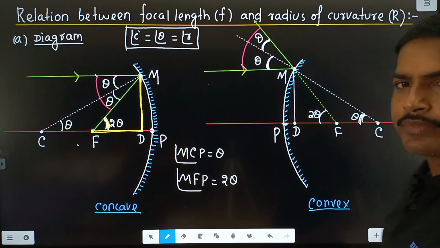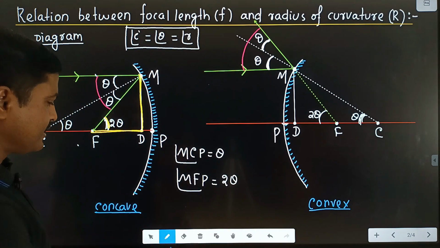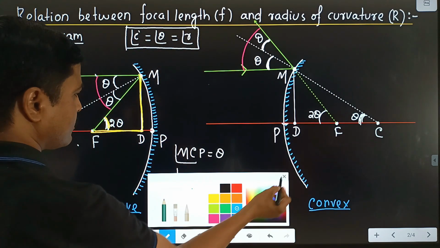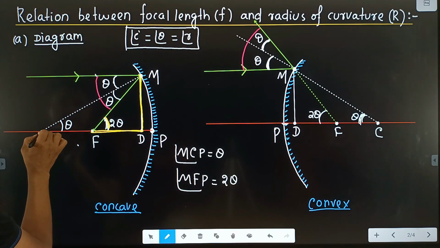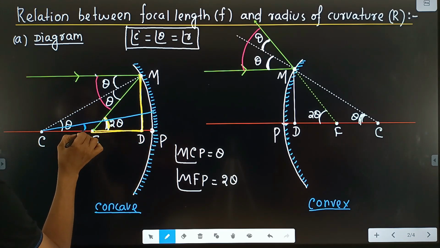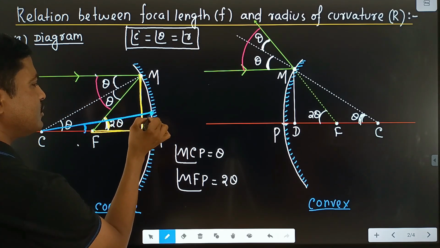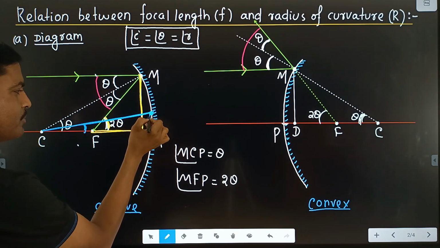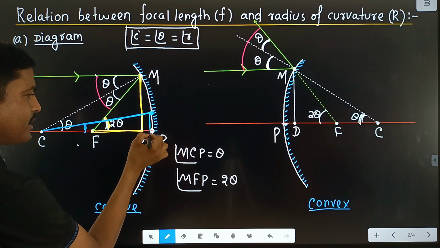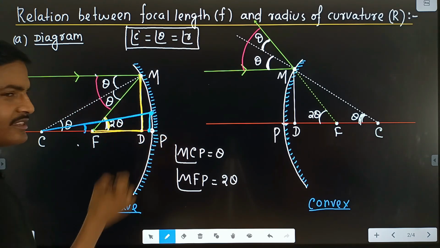Look at the figure. Suppose theta is very small. If theta is small, we draw the line just like this, then this angle is theta. This point is M, and from this point we draw a normal to the principal axis, so that the perpendicular meets at this point.